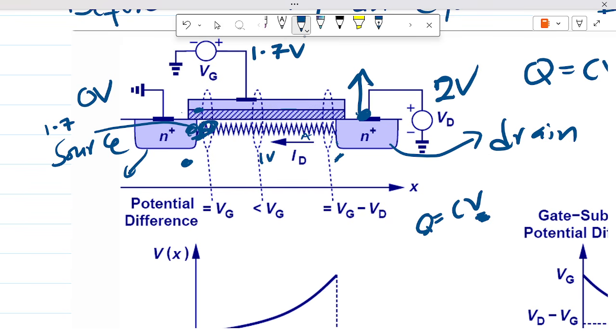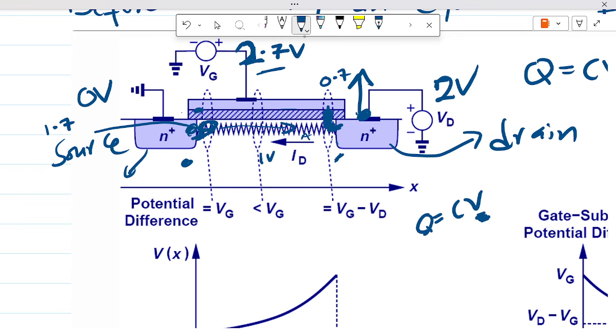But what happens to the number of charges as we move closer to the drain? Let me just use something bigger here, 2.7, so I don't jump into things I don't want to mention now. At this point, the potential difference between the gate and the drain is now 0.7.